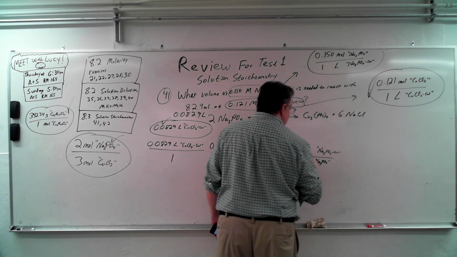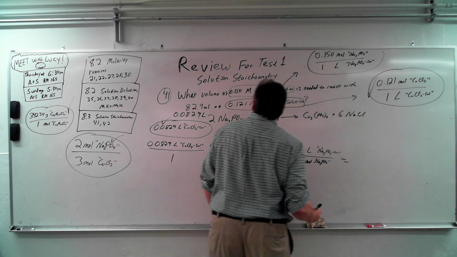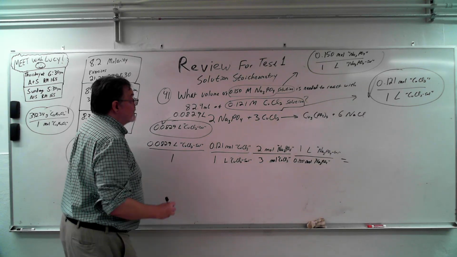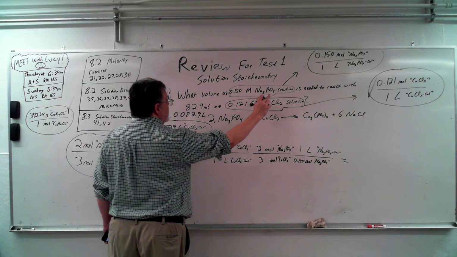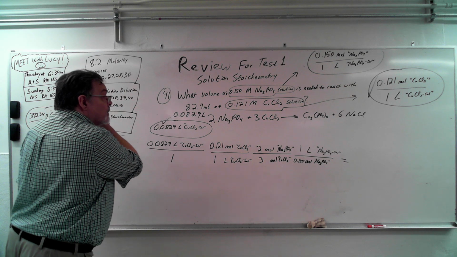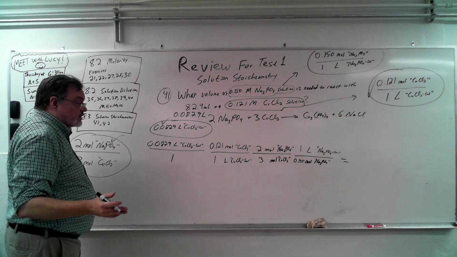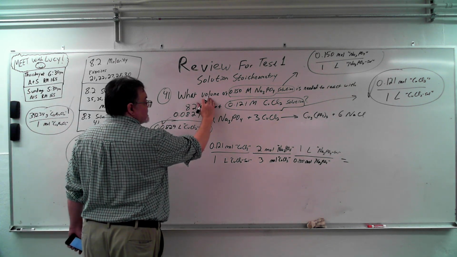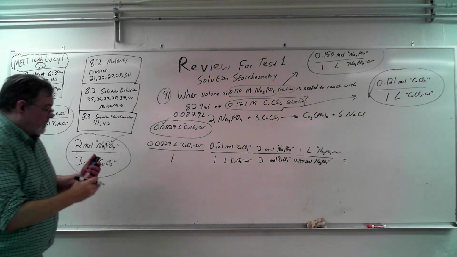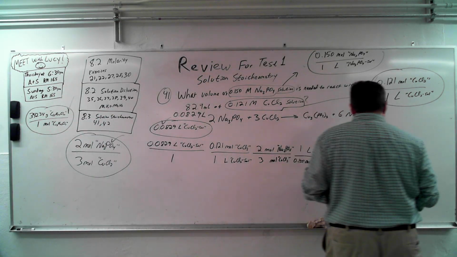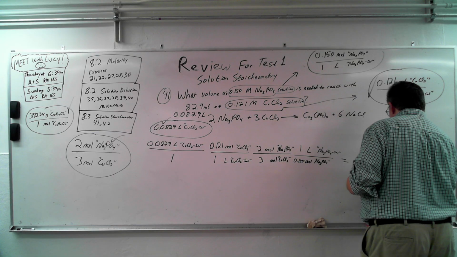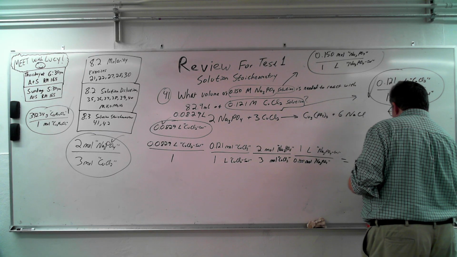Put solution on it because it's a volume. What volume of Na3PO4, or I might say how many liters on the test, just to specify which unit I'm talking about. That'll do it. That'll cancel down to liters of Na3PO4 solution.